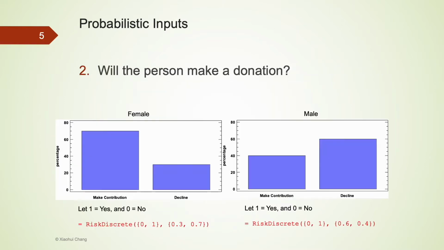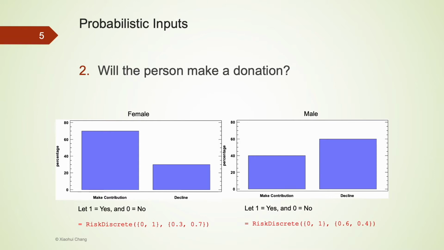For the second question, will the person make a donation? Well, this depends on the gender of the person, which was just generated in the first question. Women would make a donation 70% of the time, and a man would make a donation 40% of the time. We are going to use 1 to represent a donation is made and 0 to represent no donation.